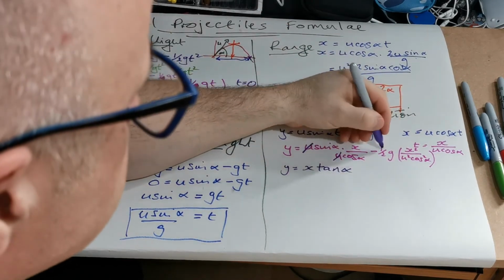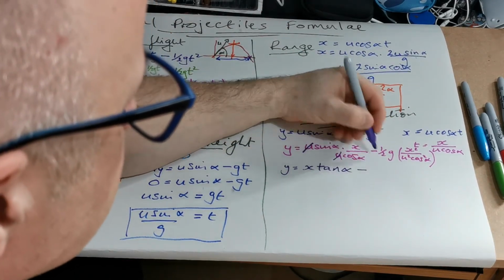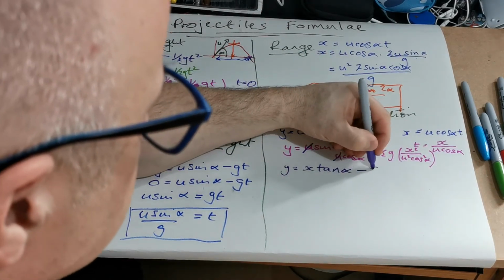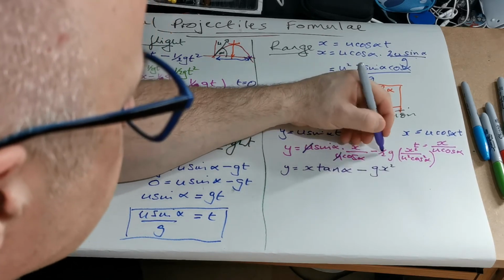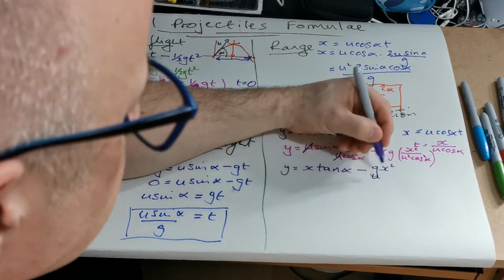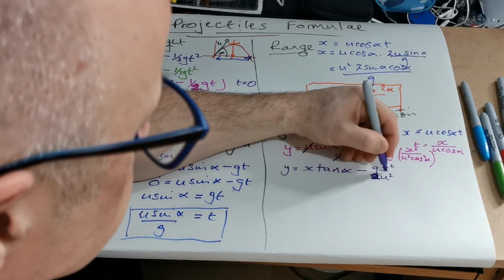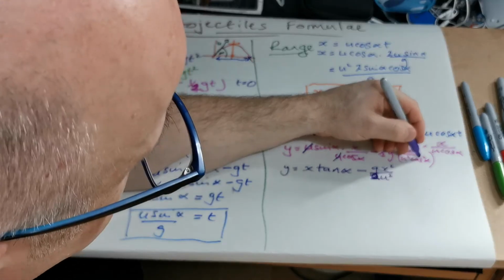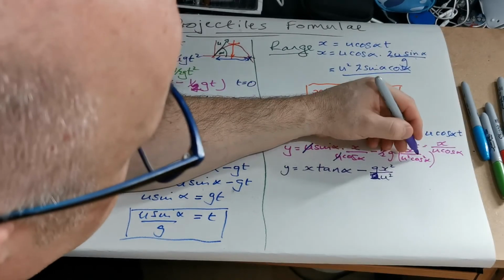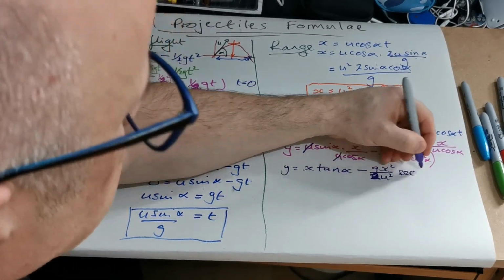Tidying this up here, I've got g and x squared on one level and 2 and u squared on another level. Then here I've got cos squared alpha on the bottom, or 1 over cos squared alpha, which is sec squared alpha.